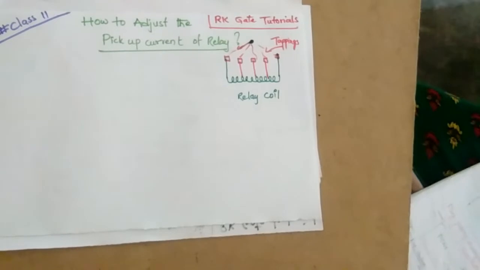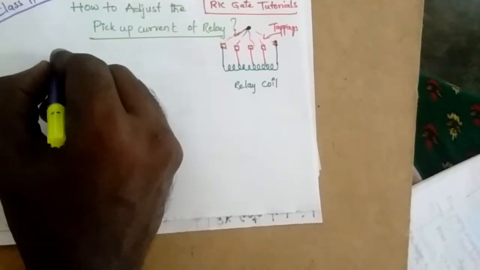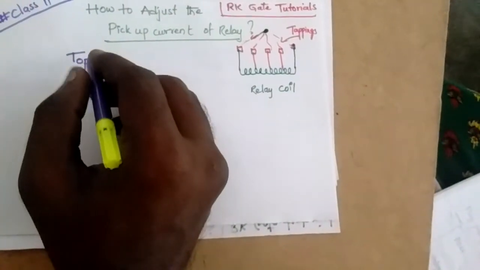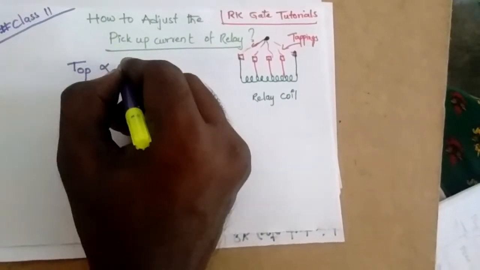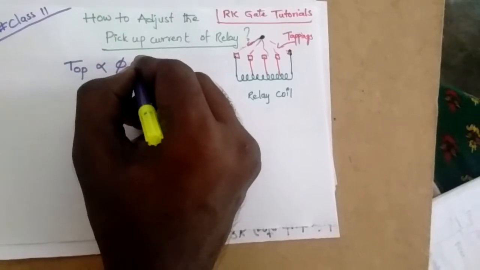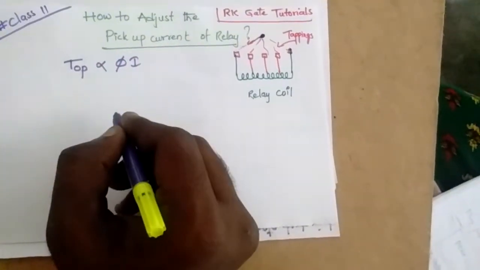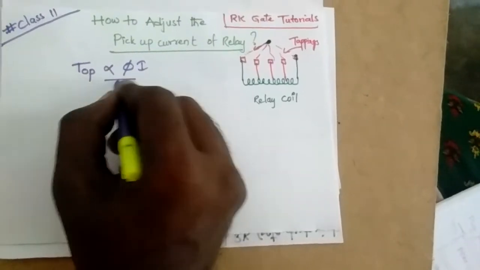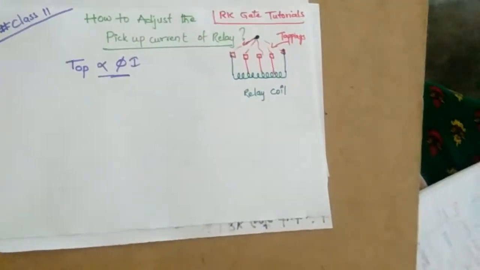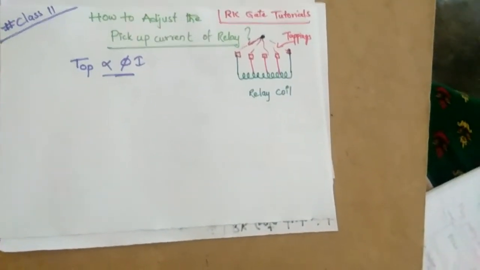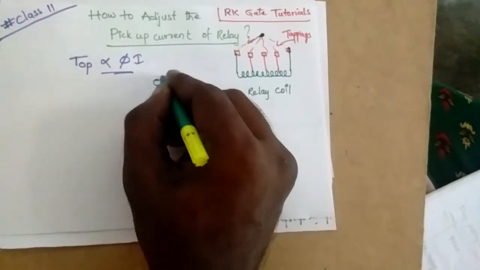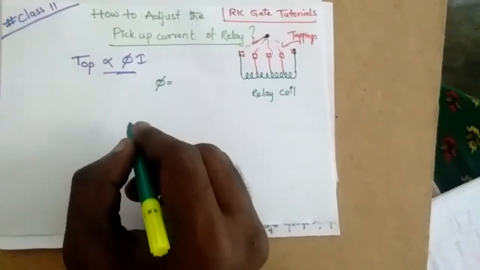In the previous classes we have also studied that the operating torque is directly proportional to the flux produced multiplied by the current. Let us keep this formula ready. Now, what is flux?